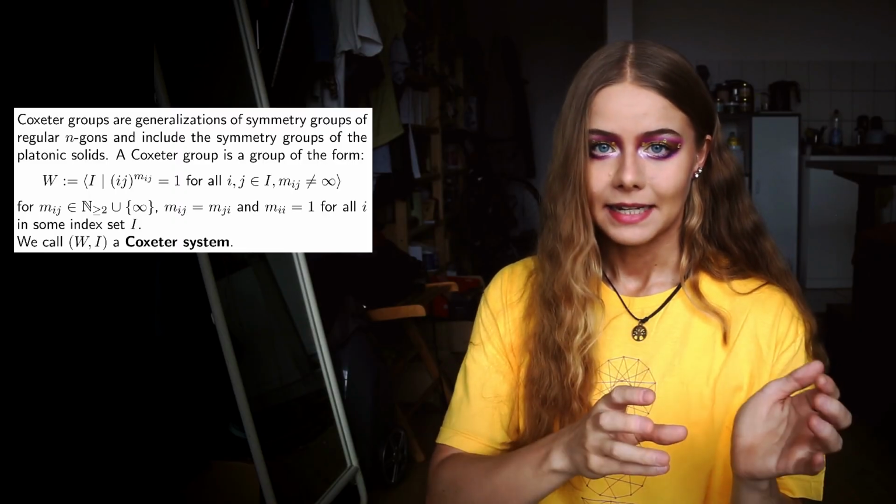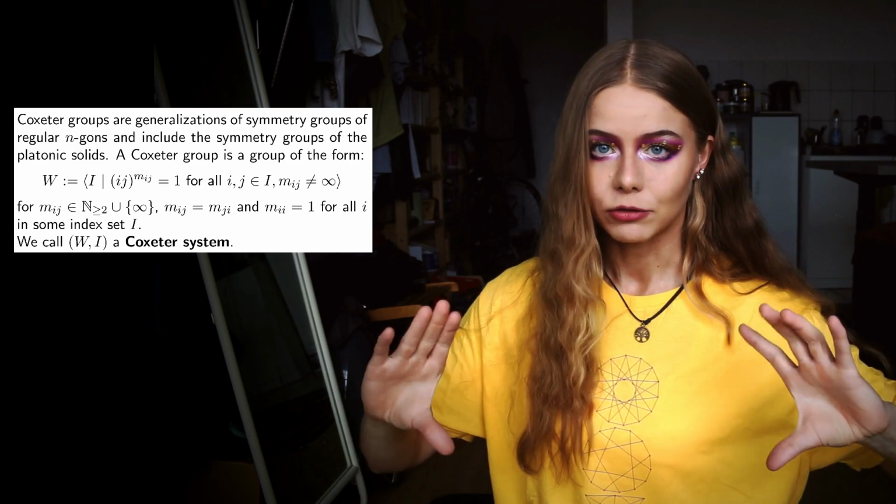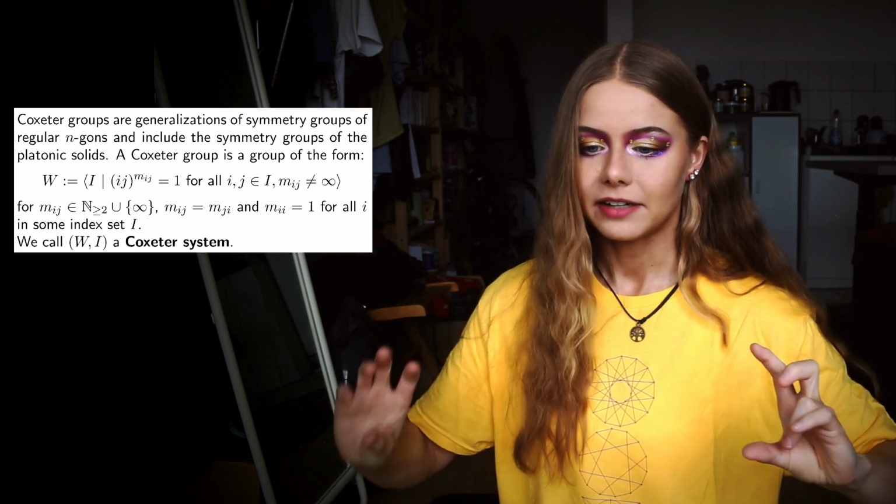And I will now describe to you how to do everything with the simplicial viewpoint and how a Coxeter complex is defined. First, a quick reminder of what a Coxeter system is. Let I be an index set, then we can define a Coxeter group as a group with a presentation.